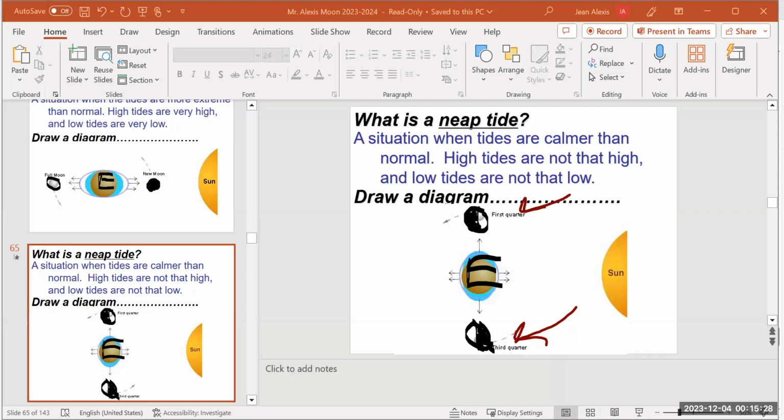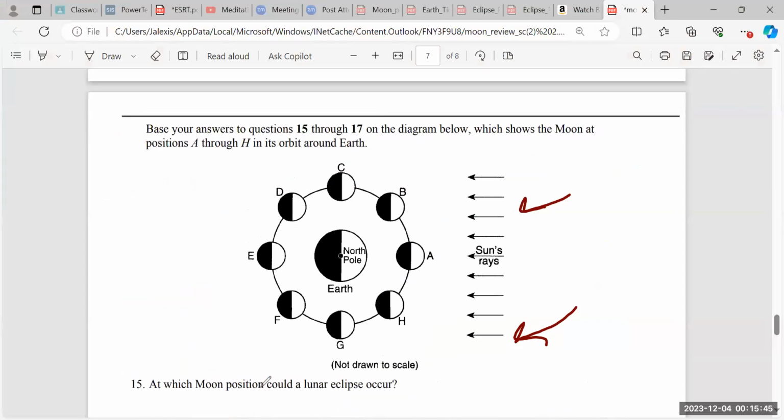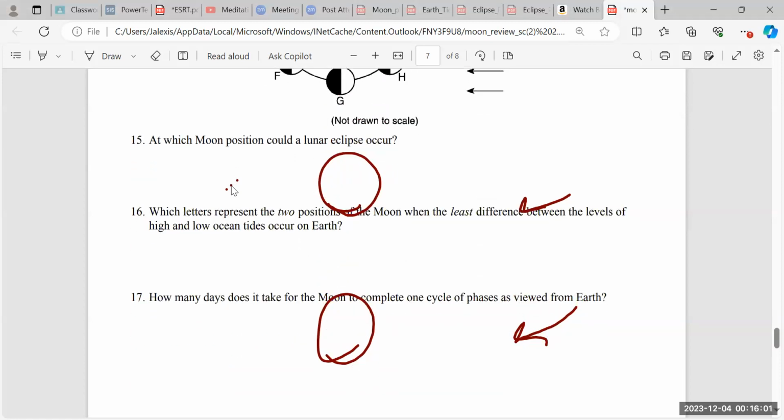So instead of being directly horizontal like a spring tide, neap tides are perpendicular. Therefore, when I go back to here, my neap tides are going to occur where the moon's position is perpendicular compared to where the earth is. And so C and G is going to be your correct answer for 16. The two positions are C and G.